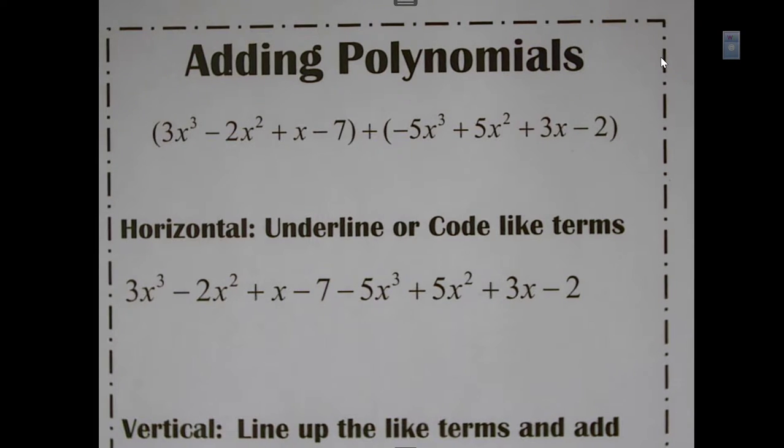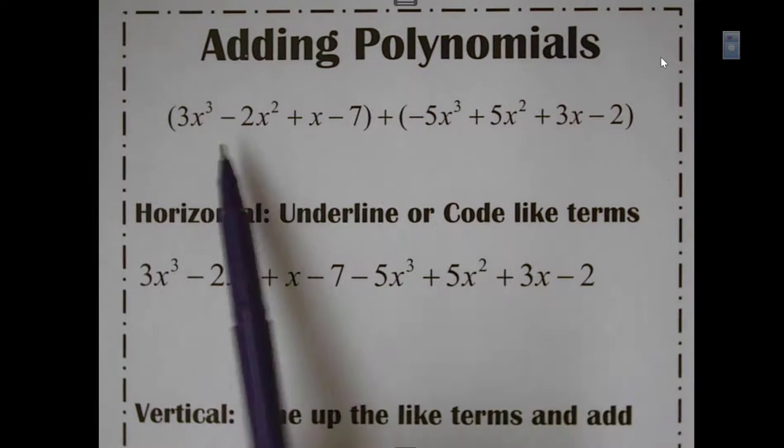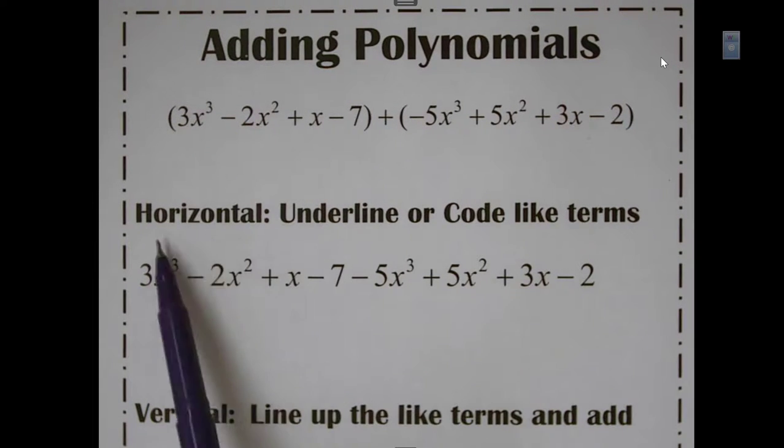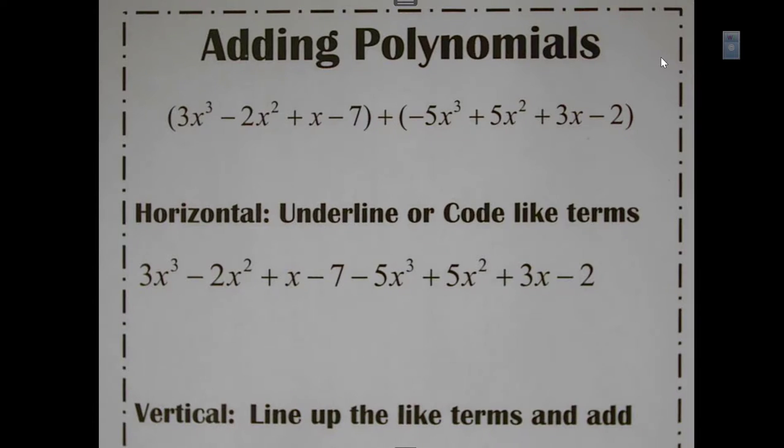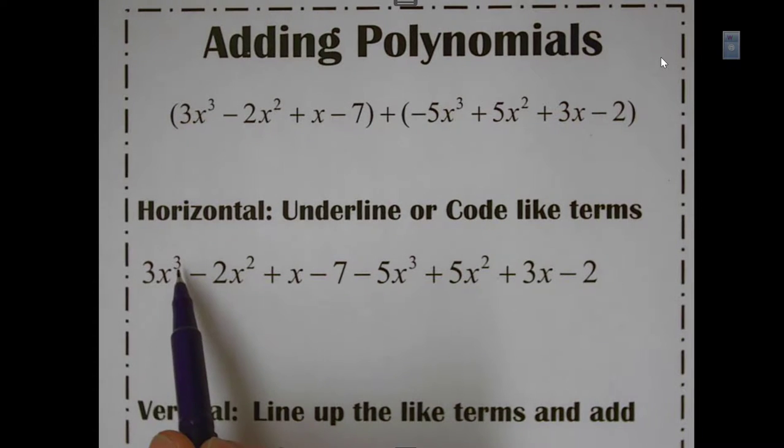So one of the strategies to get your like terms together is to just do this horizontally. One method is to underline your like terms based on the exponent.